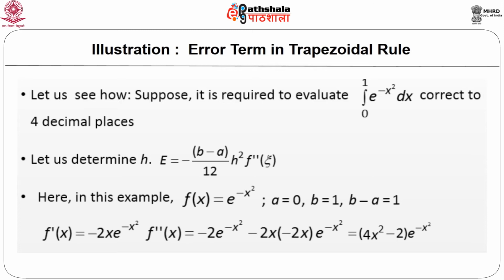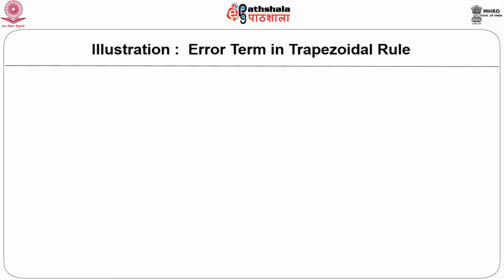To calculate m, let us calculate the first and second derivatives of f. f dash x is minus 2x e raised to minus x square, and we further differentiate the first derivative of f to get the second derivative. This gives minus 2 into e raised to minus x square minus 2x into minus 2x e raised to minus x square, and the expression becomes 4x square minus 2 times e raised to minus x square.